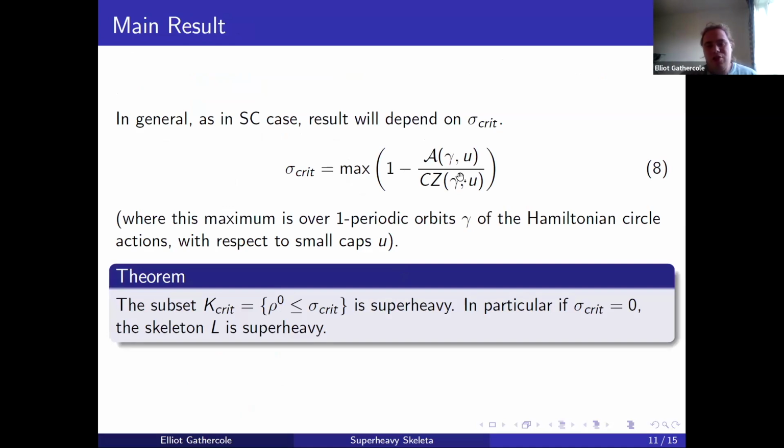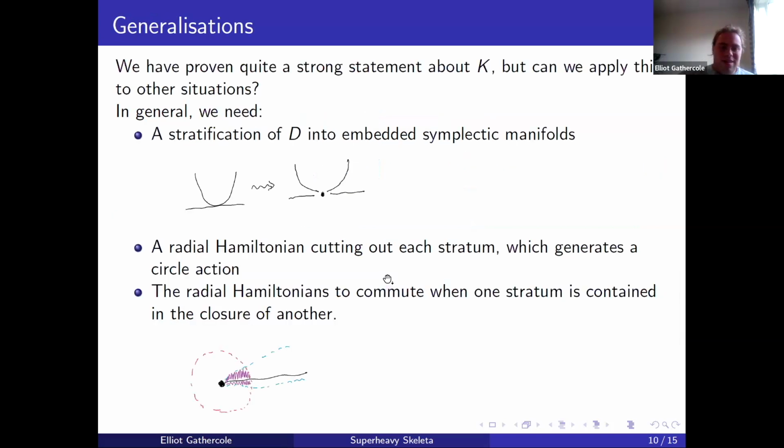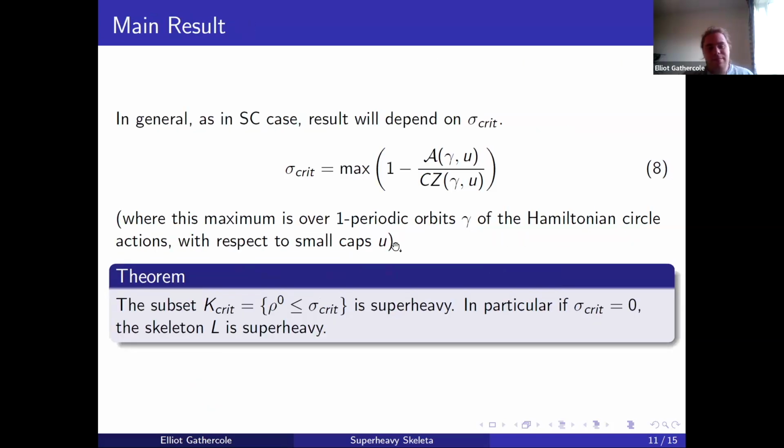From this data of this radial Hamiltonian for every stratum, we get this number of the action and the index with respect to some cap, and then we take a maximum of this quantity over one periodic orbit for every radial Hamiltonian and the correctly chosen cap, and then this number gives us a sublevel set of these Hamiltonians, and then we use a similar argument to this to prove that that subset is super heavy.